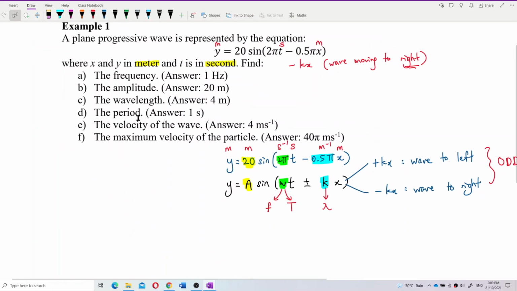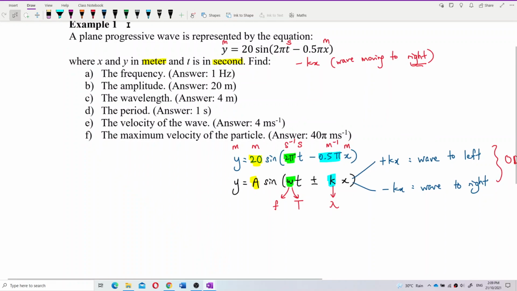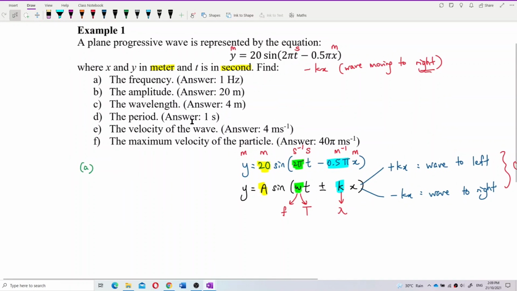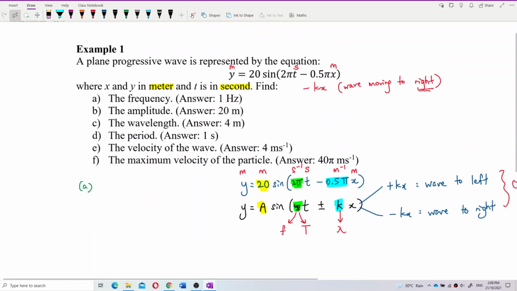So now look at question A. How to find frequency? Find it from your omega. Your omega is 2 pi f, that's the formula. Omega is 2 pi f, which is also equal to 2 pi radian per second.